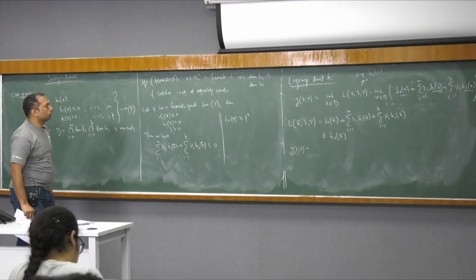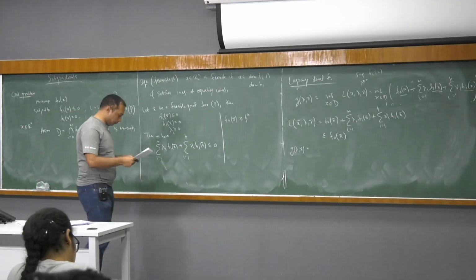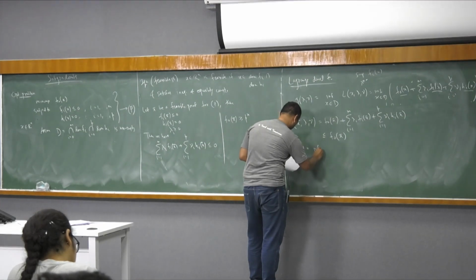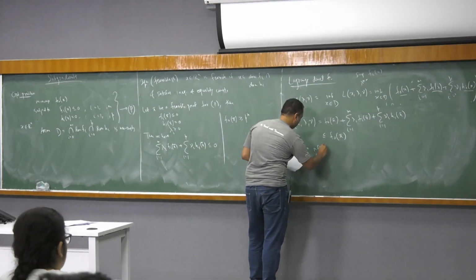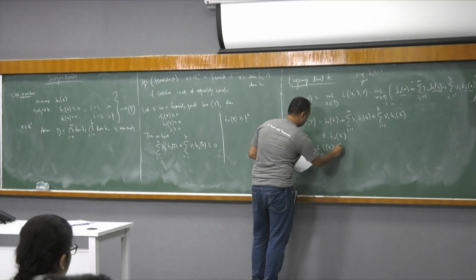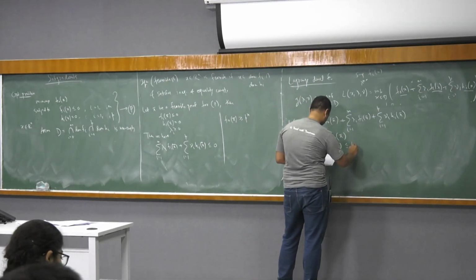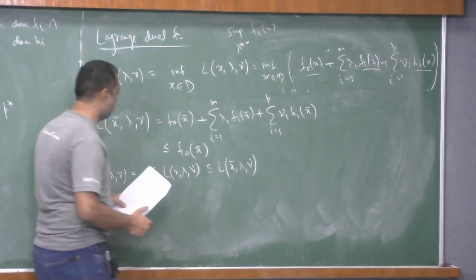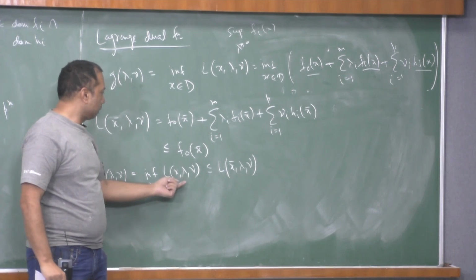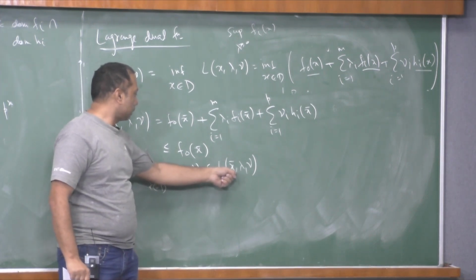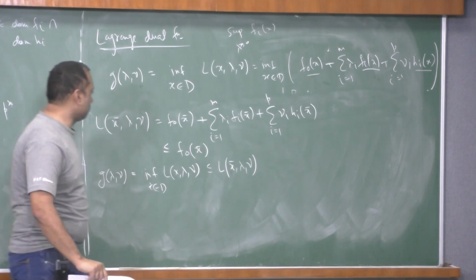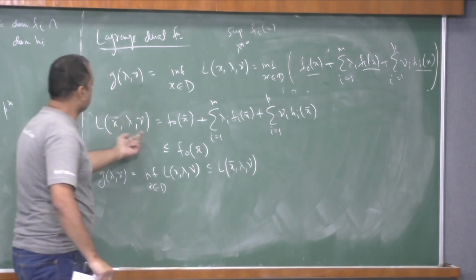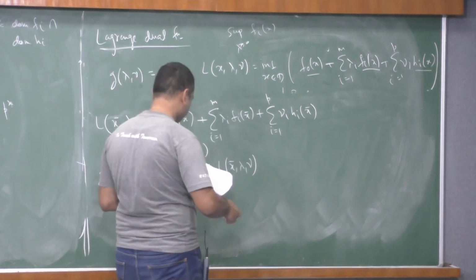So g(lambda, nu), which is the infimum over x in D of L(x, lambda, nu), is less than or equal to L(x bar, lambda, nu), because this is the infimum over x. So if I take any arbitrary feasible x bar, it must be greater than or equal. And we know that this guy is less than or equal to f_0(x bar).